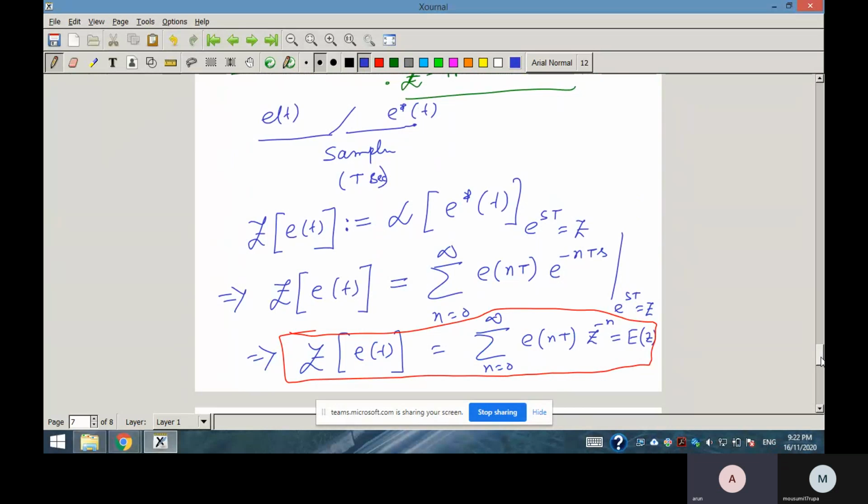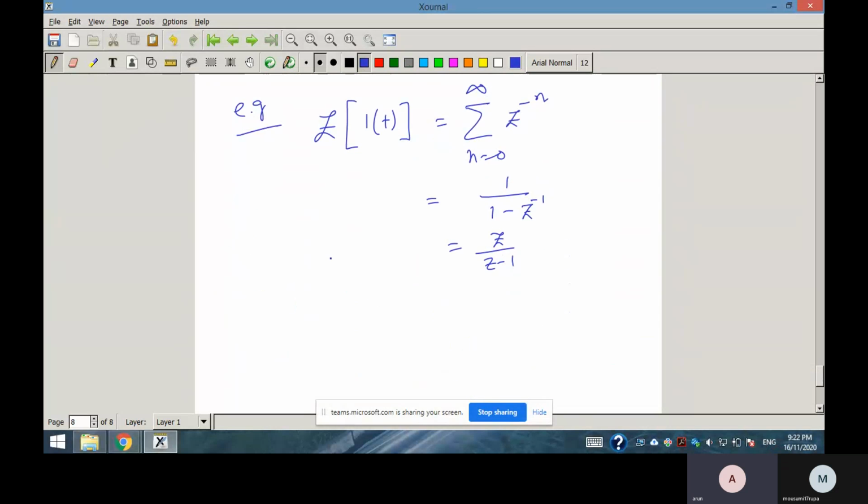So this means the Z transform of 1t is this one. Similarly, there are some properties. Some properties I will quickly go through.